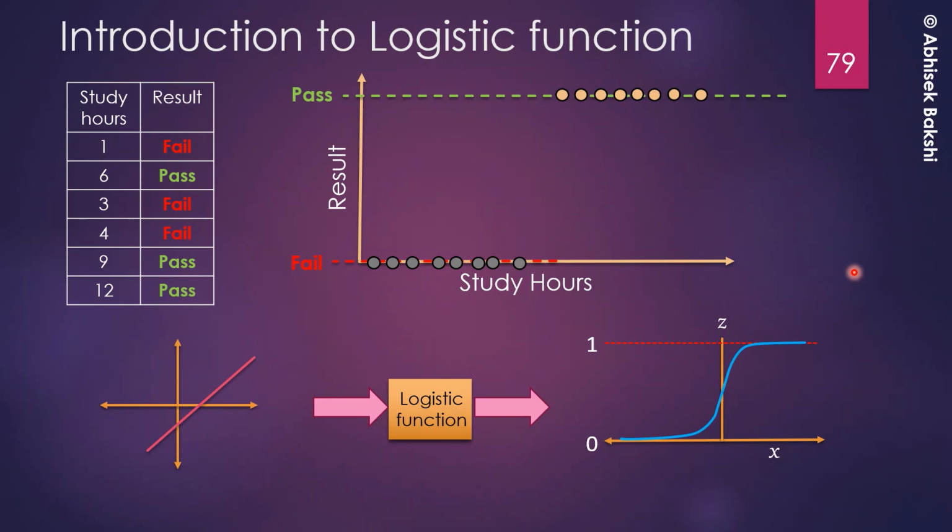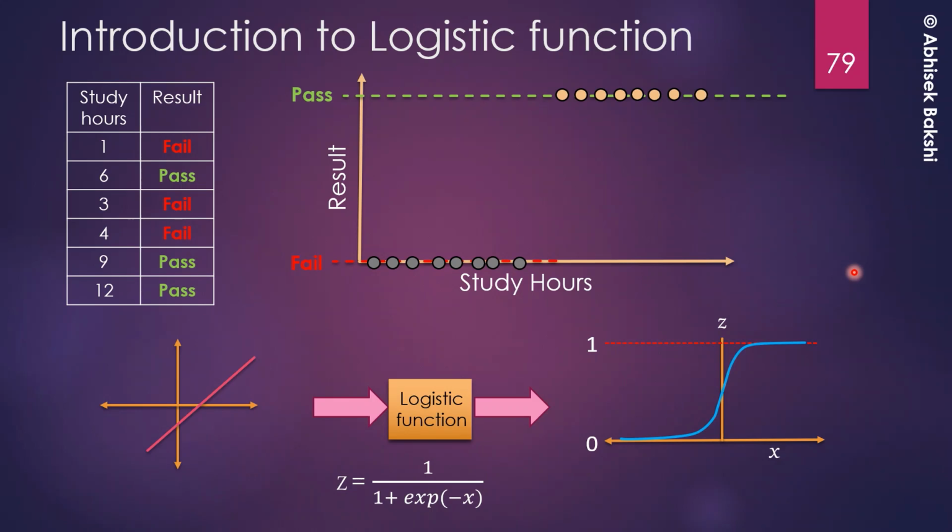Now, how to do this? The definition of this logistic function looks something like this: z equals 1 by 1 plus exponential of minus x. Exponential of minus x means e to the power minus x. If you apply minus infinity on x, you will find its value is 0.